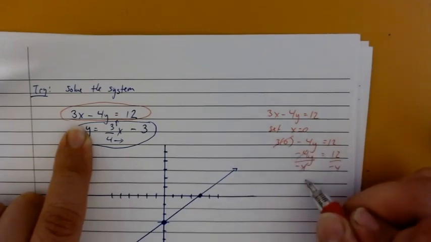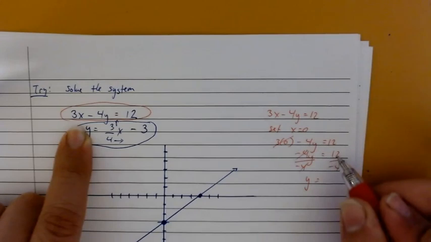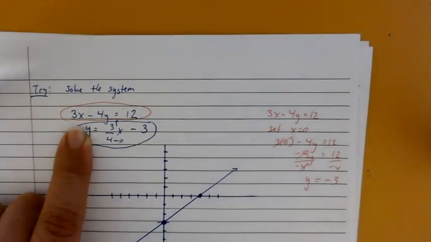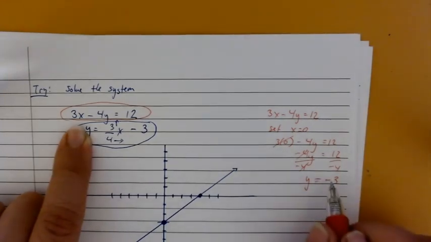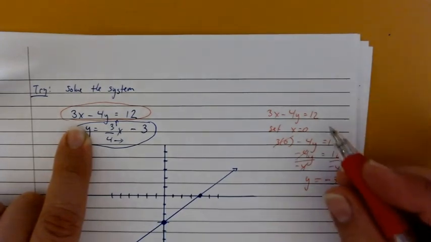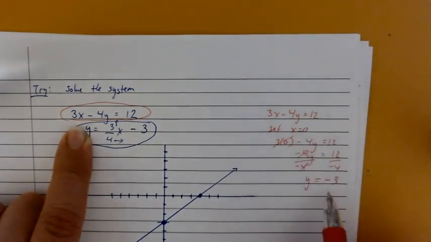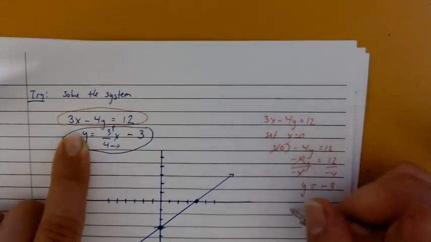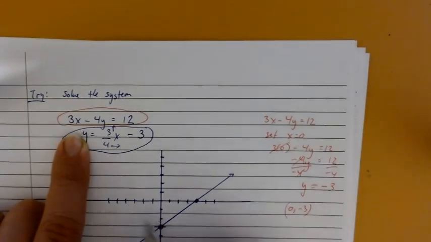These two divide out, giving us y equals 12 divided by -4. Positive divided by a negative is -3. So our x value is 0, our y value is -3. So we have a point (0, -3). Okay, so (0, -3) right here.